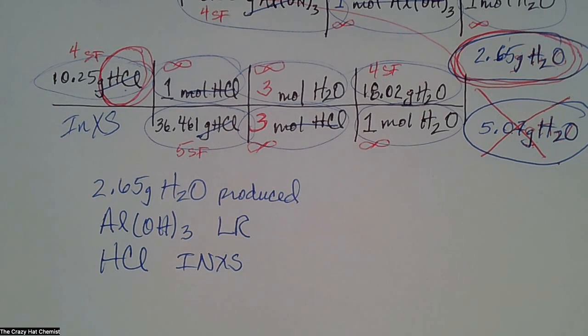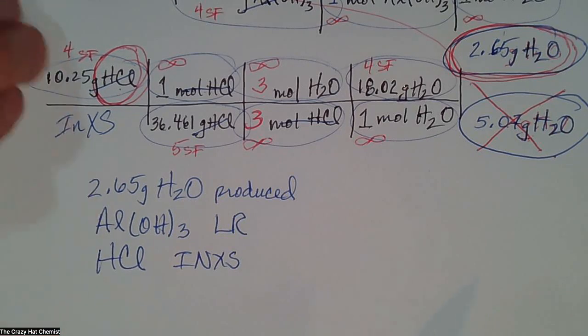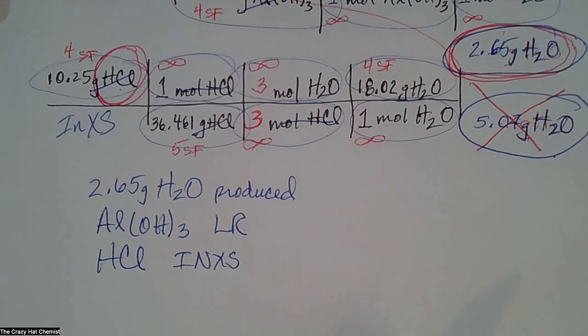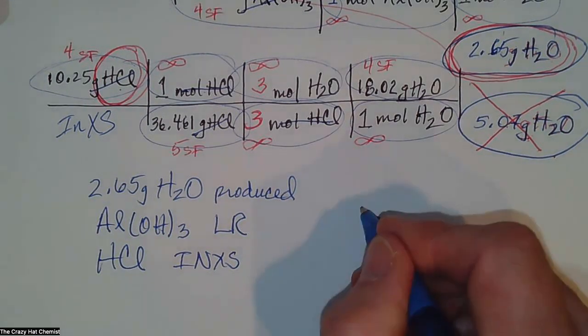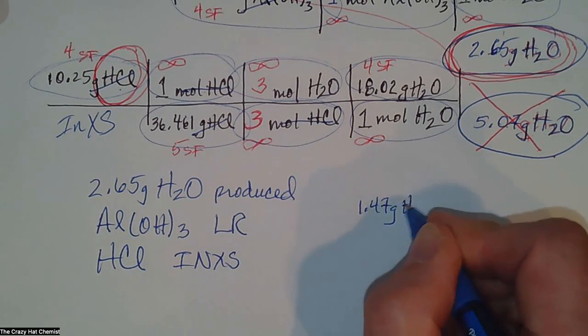Okay, what we do need to do is do 2 more things, and that is get the percent yield and also get the unreacted reactant. We're going to do the percent yield first, since that's going to be a really simple, fast one. To get the percent yield, I'm going to take the actual value, which I mentioned before, 1.47 grams of H2O.